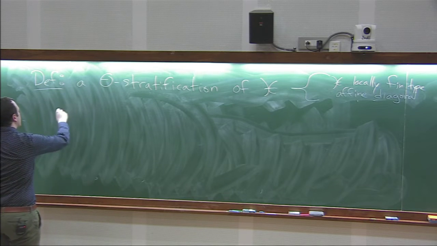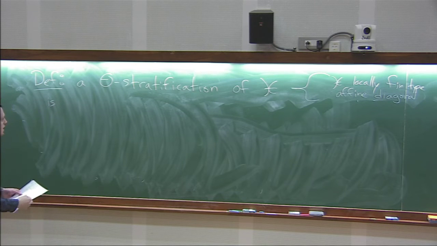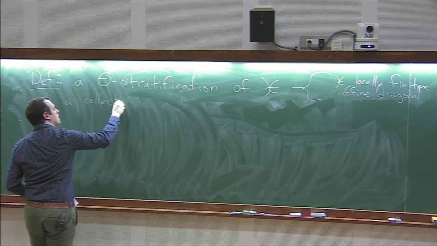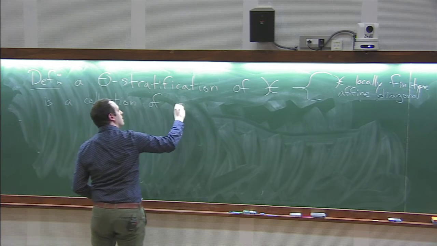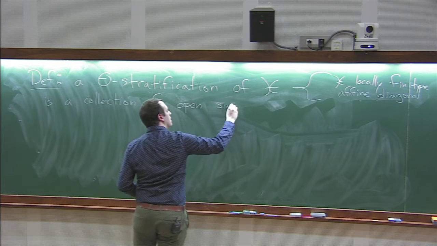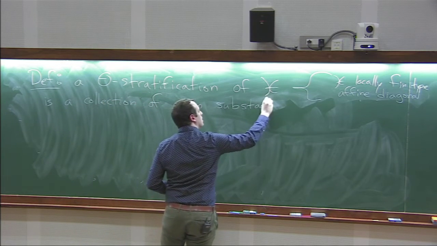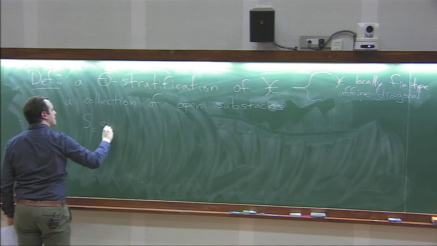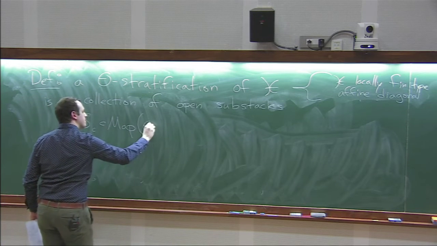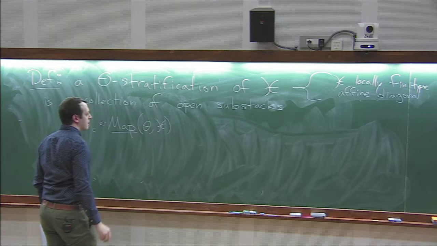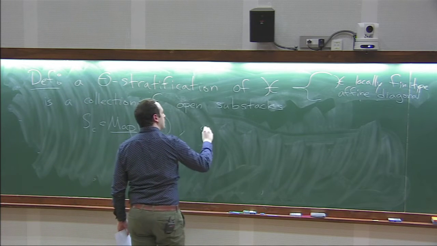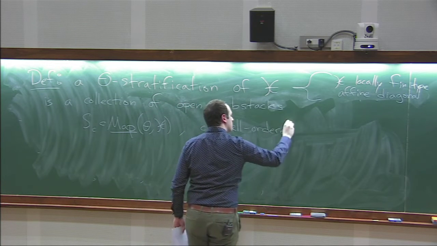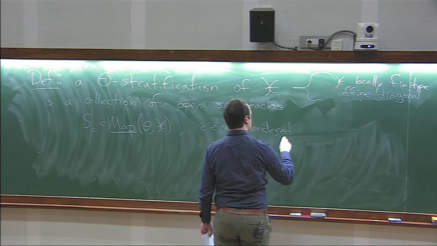So a theta stratification of X is just a collection of open substacks, which I'll call the strata S_C inside X, where C is in some well-ordered index set. I'm just assuming it's well-ordered because it simplifies things a little bit.